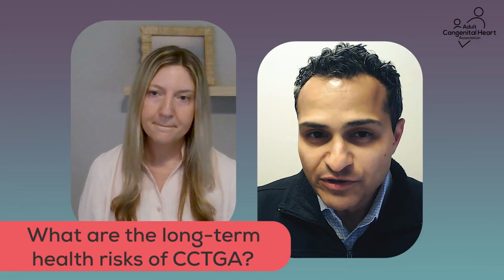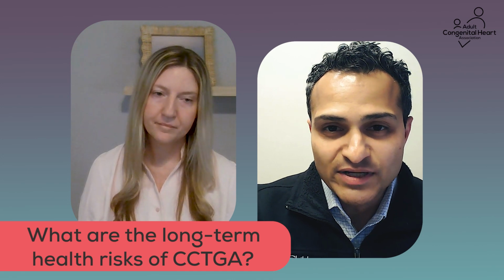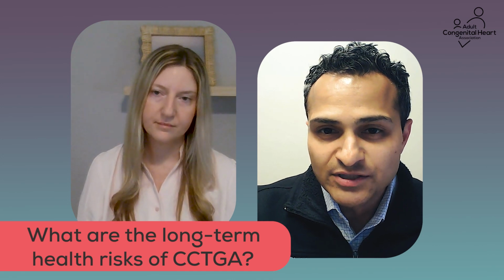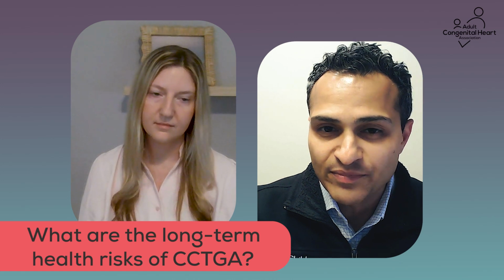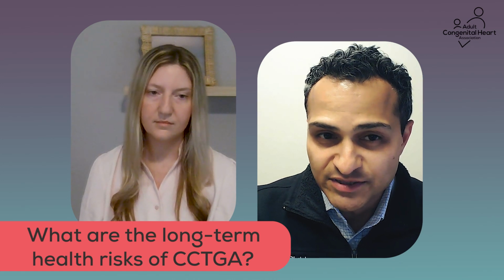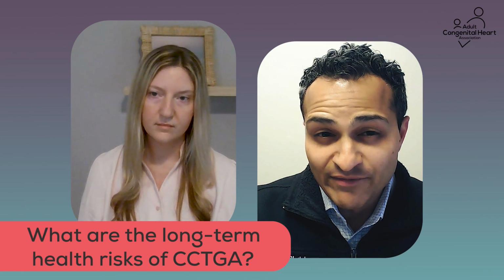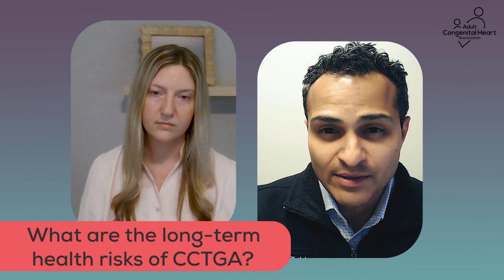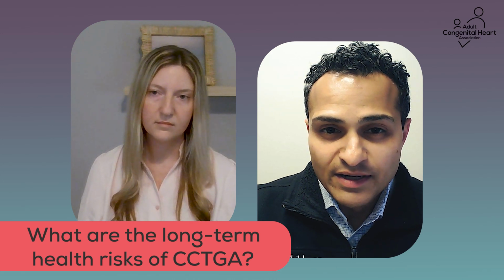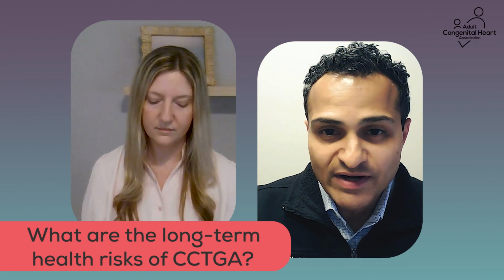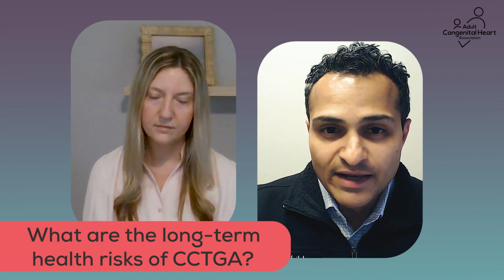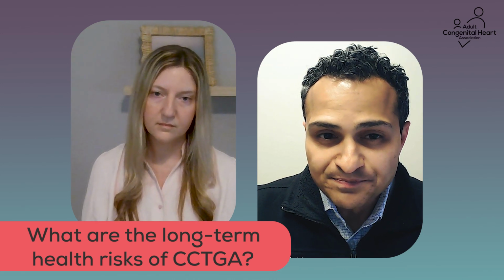But most often, during childhood, most of the care is focused on just treating these associated lesions, like closing a VSD or opening up the pulmonary outflow tract if it's severe enough, or maybe having to place a pacemaker if heart block develops. But in many individuals with CCTGA, they do really well during childhood, even after surgery, and do well even in early adulthood.